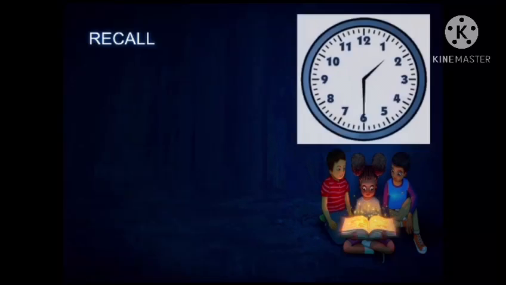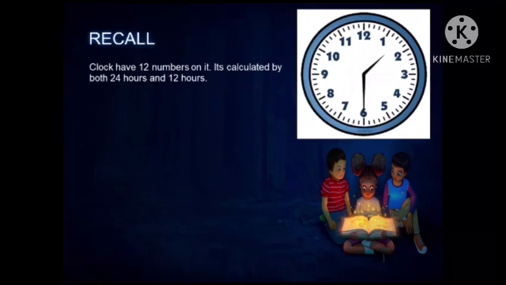First let's recall what we already know about time, whatever we learned in the previous years. So this is the clock. We know that the clock has 12 numbers, 1 to 12. We can calculate timing by 24 hours and 12 hours.